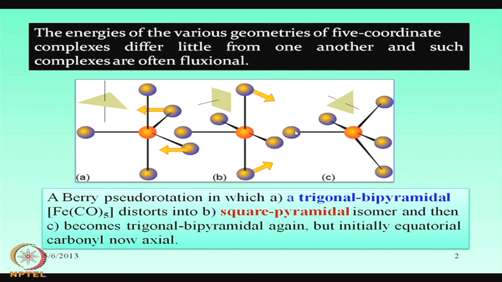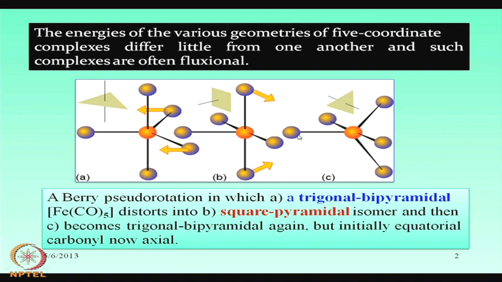So after movement we now have a new trigonal plane like this, and the carbon iron carbon bond which was 180 degrees in figure B will be 120 degrees in figure C, and as a result we get a new trigonal plane which is completely different from figure A. Here the trigonal plane is forming through these three spheres.